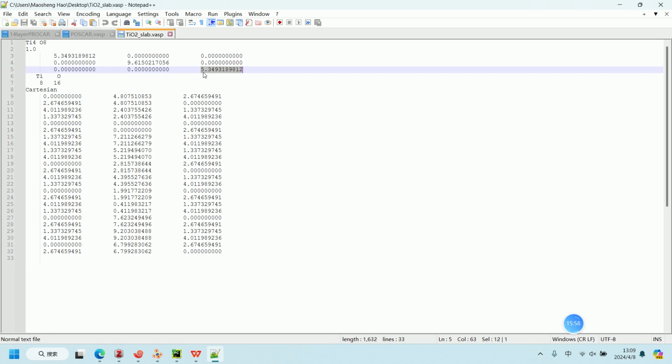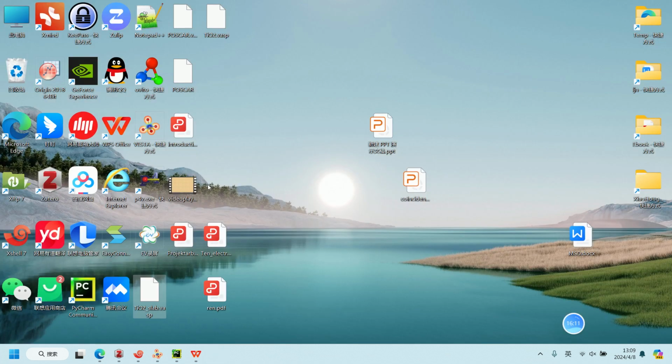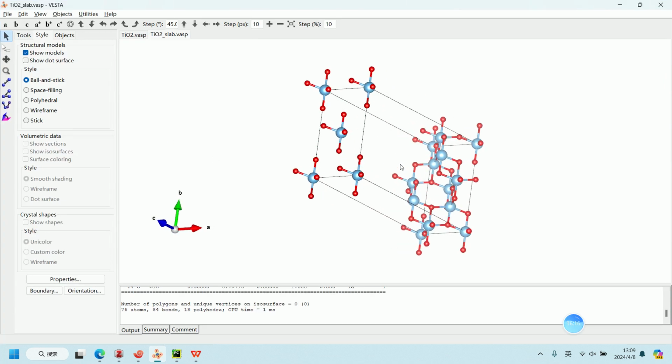Let us choose 20. And you can set any value you want. Let us save it. Now we can see what kind of structure we obtained.